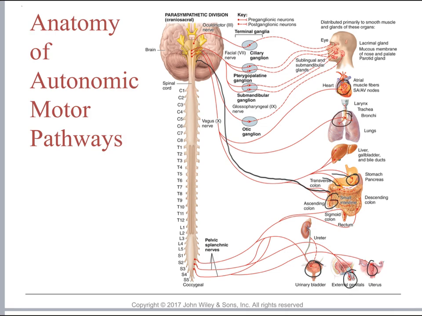What this does is it allows the parasympathetic division to say, hey, we just ate a meal. Let's activate the small intestine, the large intestine, and start with digestion. Okay. At the same time, we don't want to be stimulating the reproductive organs to be making, say, gametes or things like that.